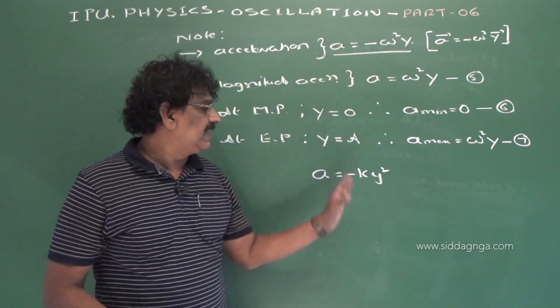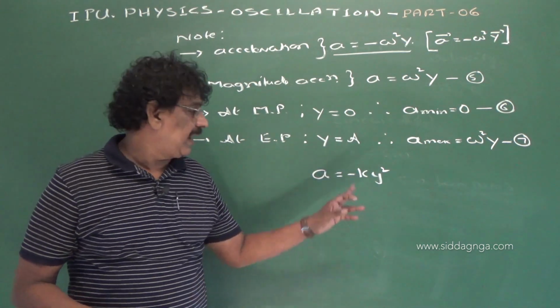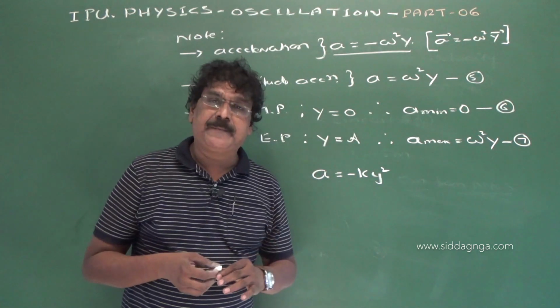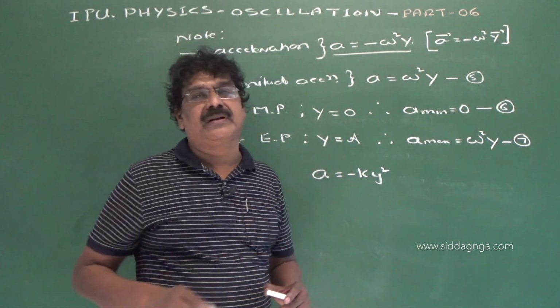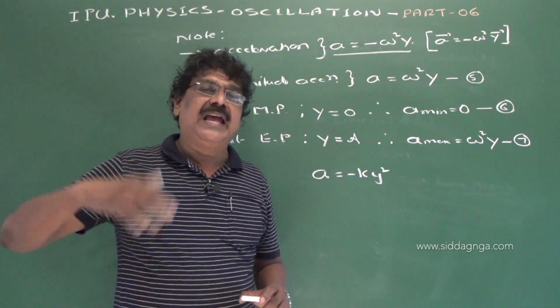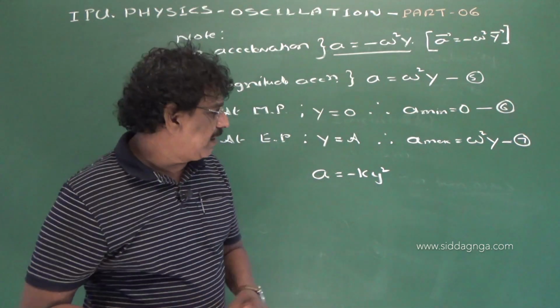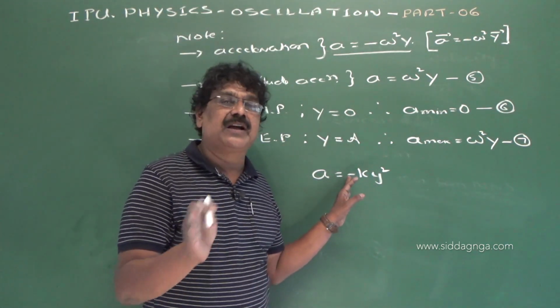In this case, k is equal to omega square, a proportionality constant. We see in physical equations there are so many proportional equations, and they have different proportionality constants, but in all the equations, generally the constant is taken to be k.